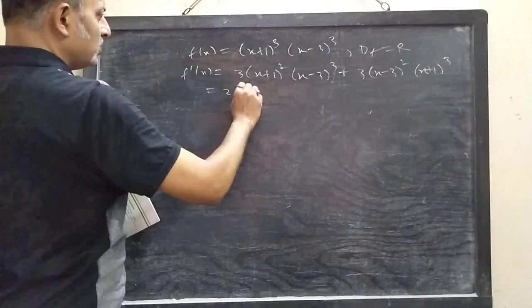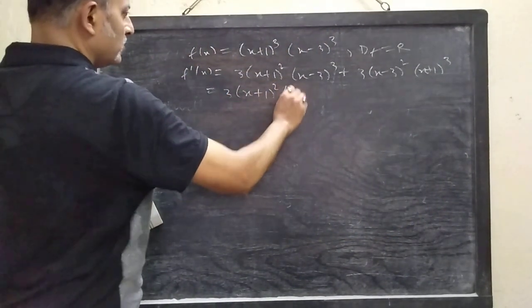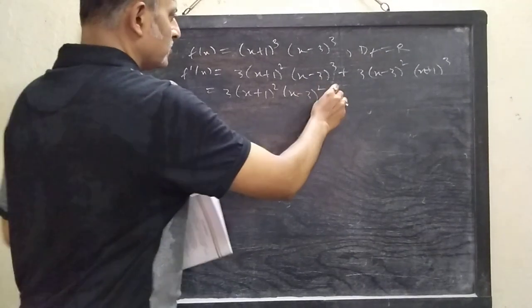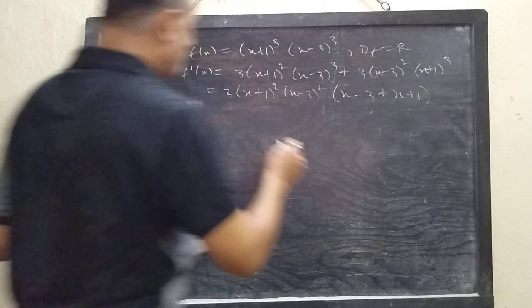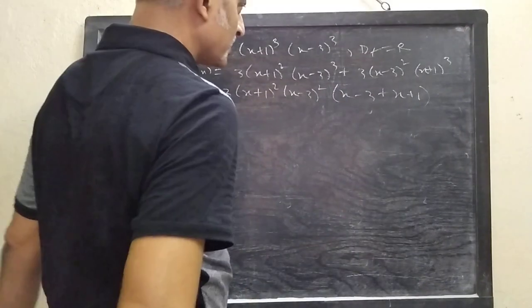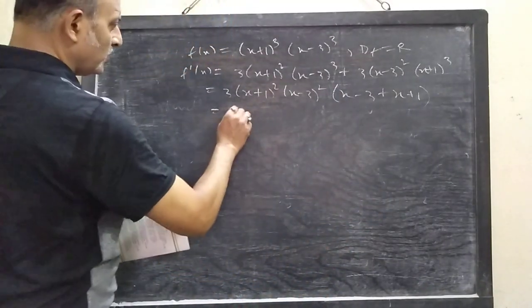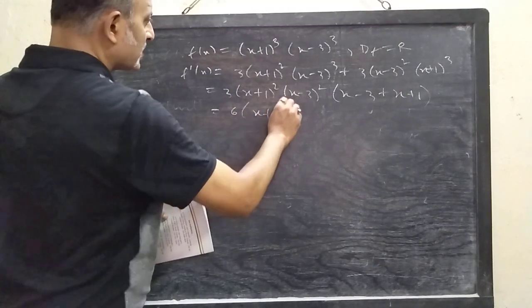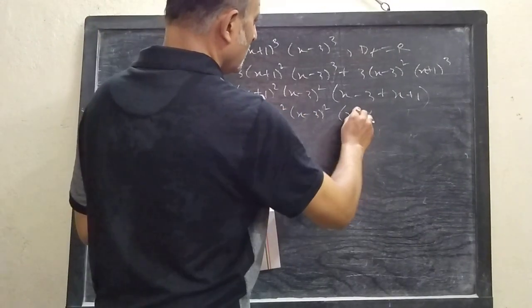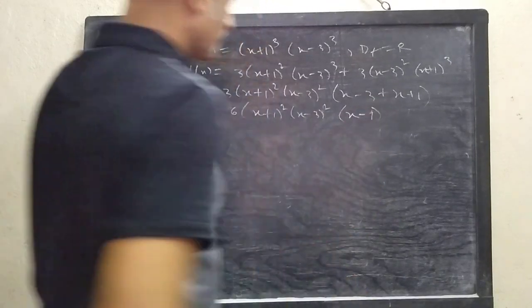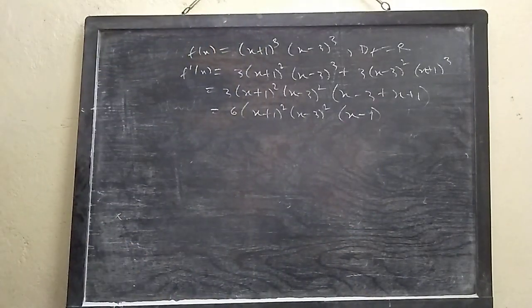Now we can take common 3 into x plus 1 whole square into x minus 3 whole square. We get x minus 3 plus x plus 1 here. This becomes 2x minus 2, take common 2. You get 6 into x plus 1 whole square, x minus 3 whole square into x minus 1.